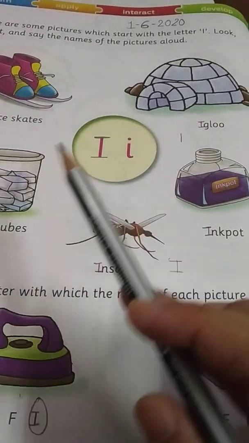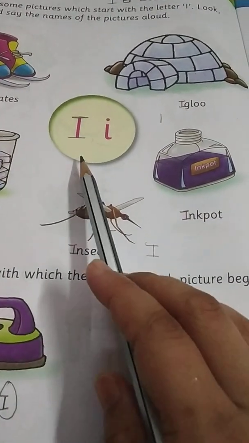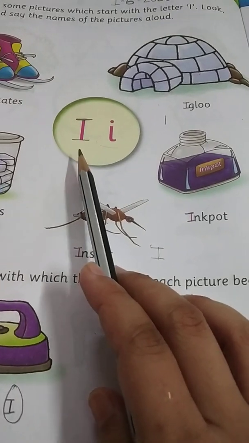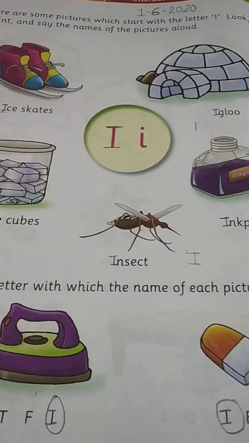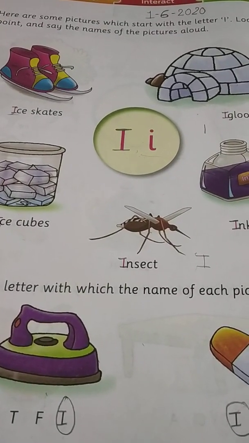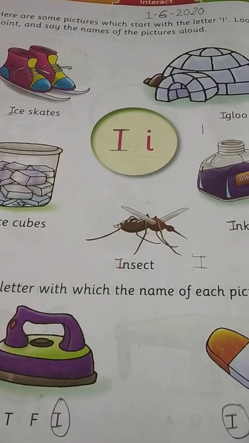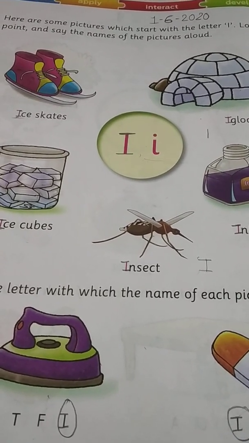So these are the things that start with letter I. If you know some other pictures that start with letter I, you can tell me their name as well, okay? And in the next part of this video, we are going to learn how we can write letter I, okay?